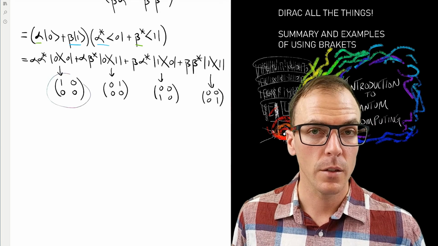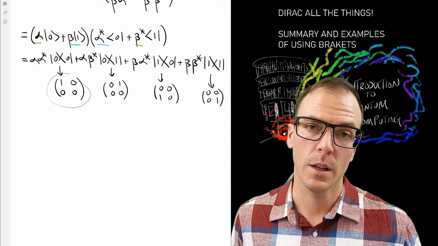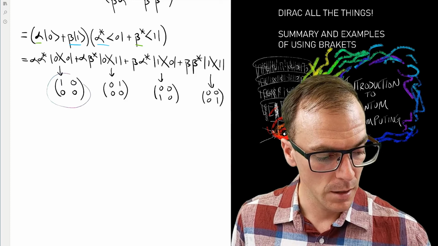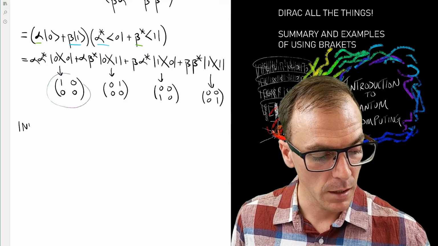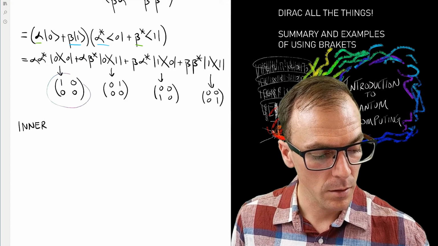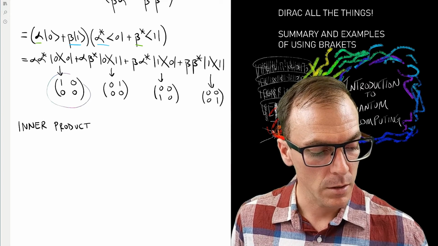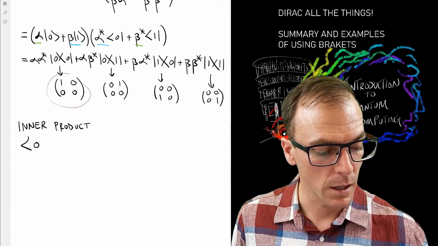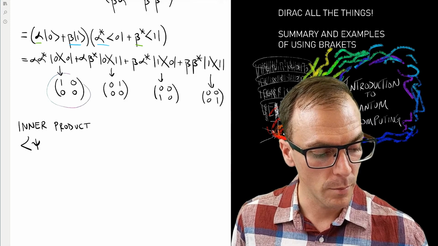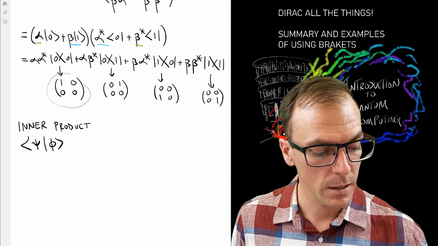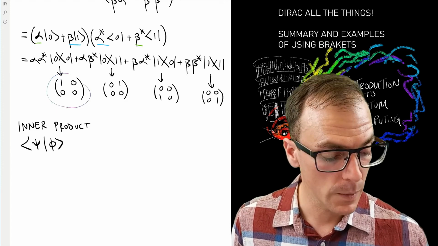So we have 2 different ways to multiply these bras and kets together. We have the inner product. That's when I take a bra and then a ket, and I produce a complex number.